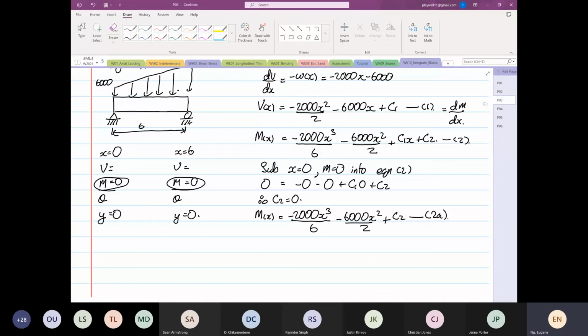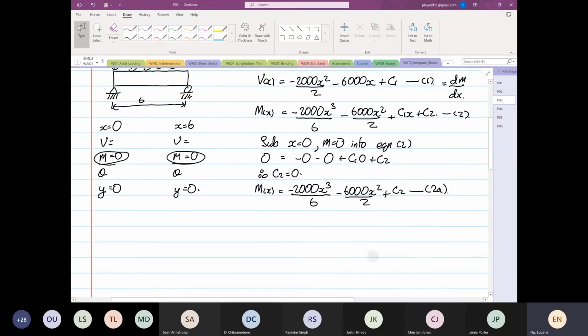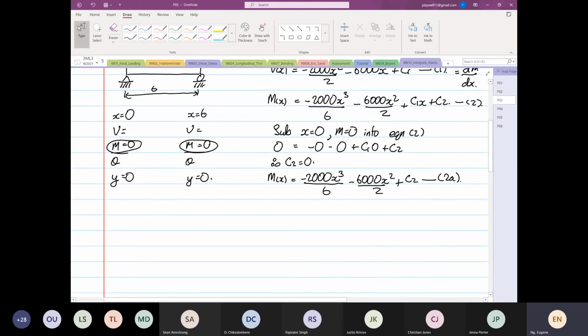So it's still the same, except we have a C2 now. So next we're going to substitute x is equal to 6, M is equal to 0 into equation 2A.